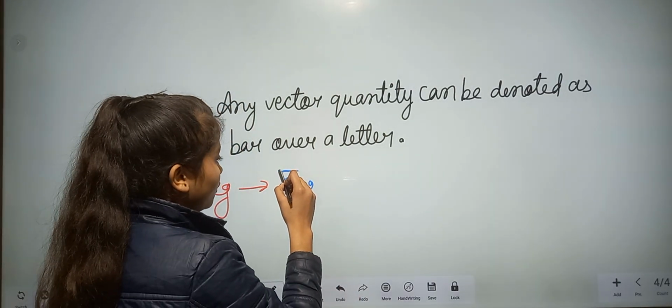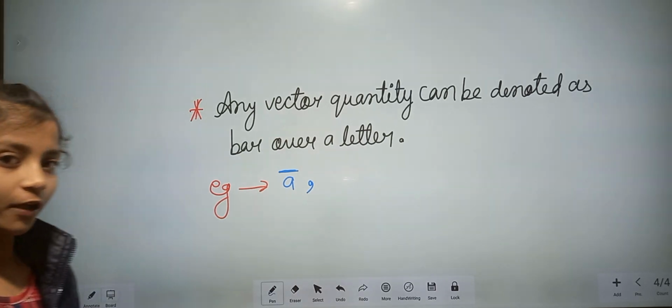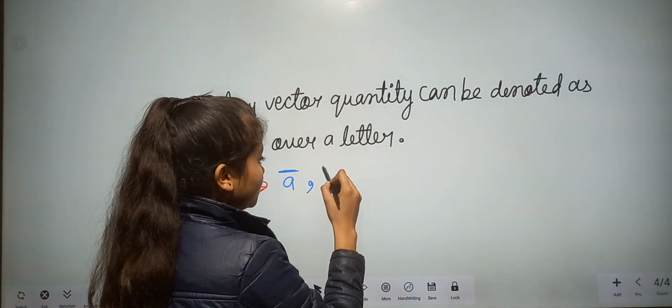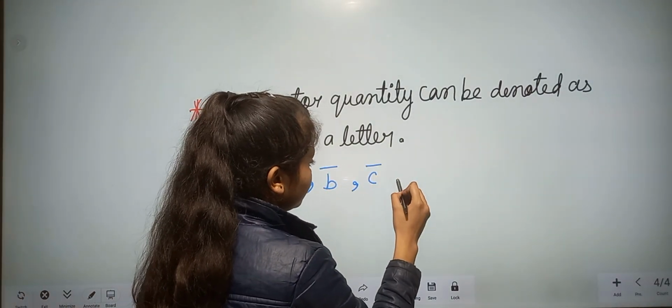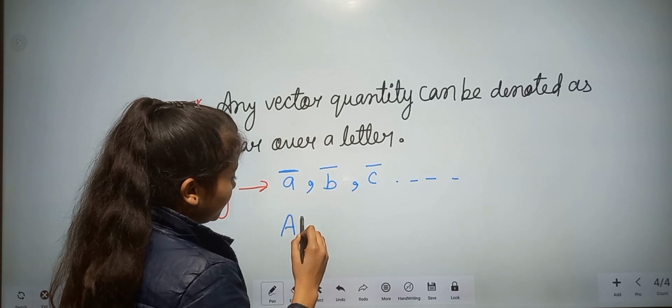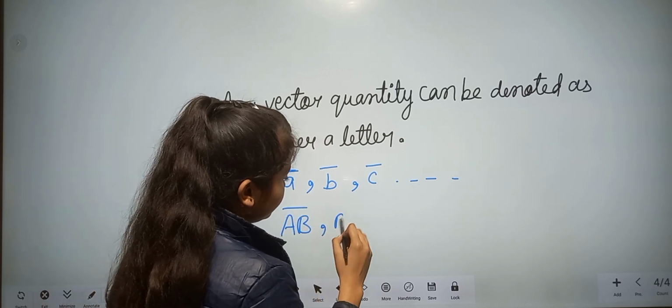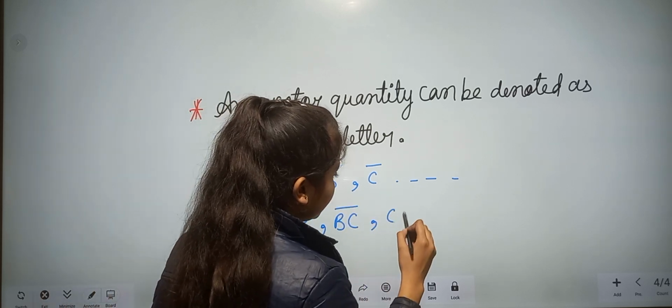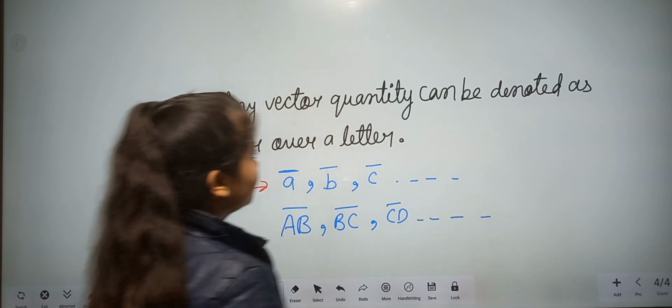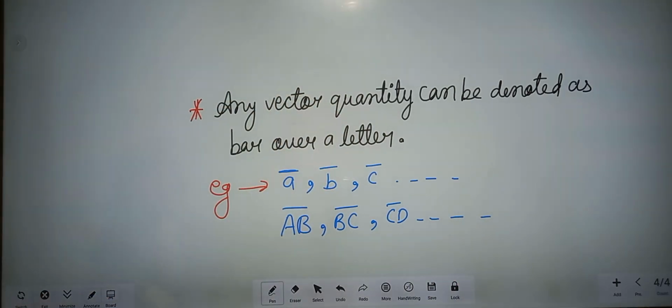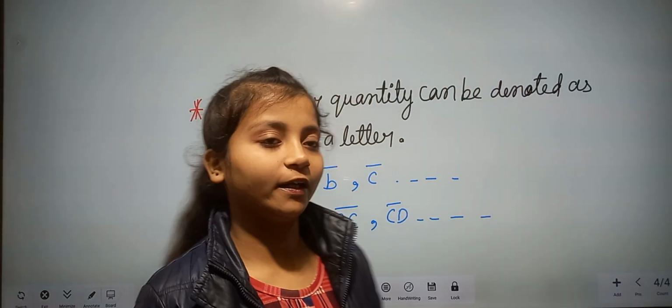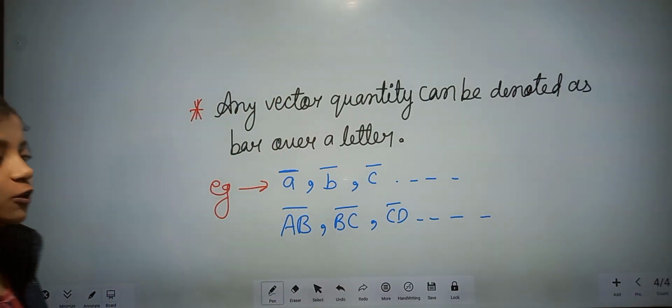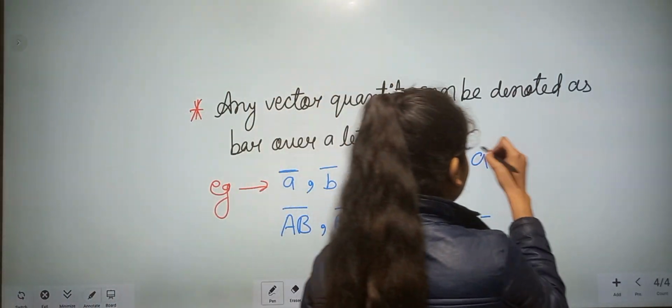If we give a bar over a letter, this is called a vector quantity. Like this, B bar, C, and so on, AB, BC, CD, and so on. I hope you understand how we can denote a vector. We denote a vector with the help of a bar. First of all, we write any letter and put the bar.